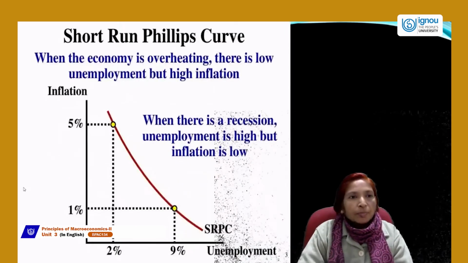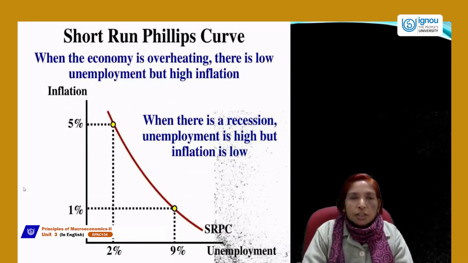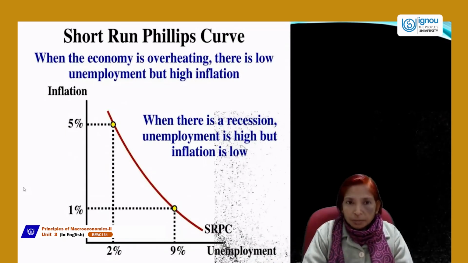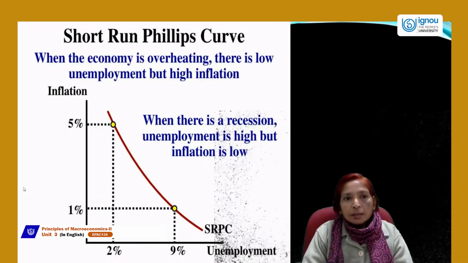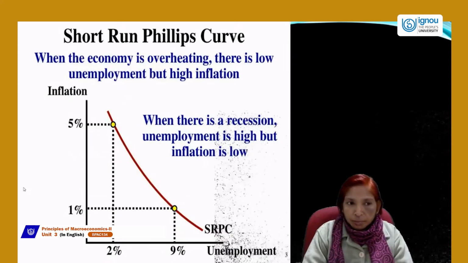Now next, this is the short run Phillips curve. It generally slopes downward. When the economy is overheating, there is low unemployment but high inflation.